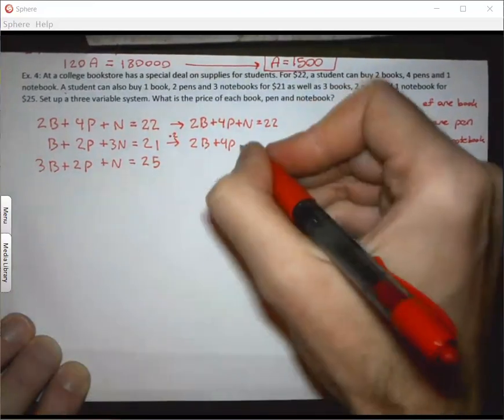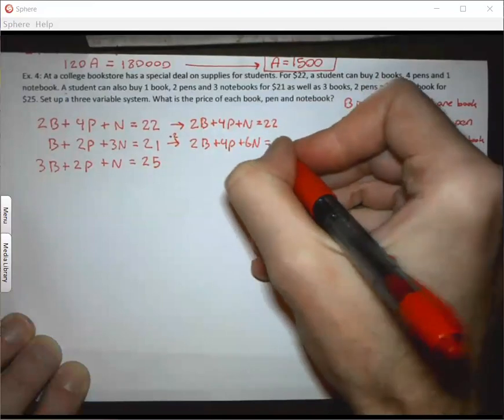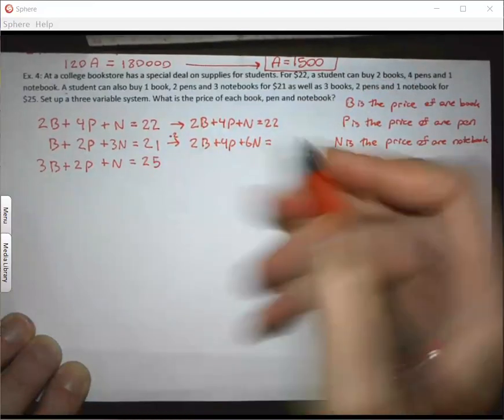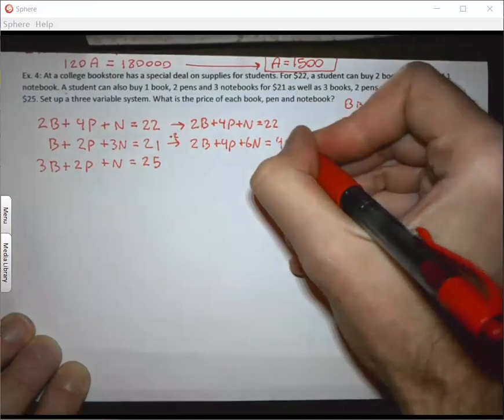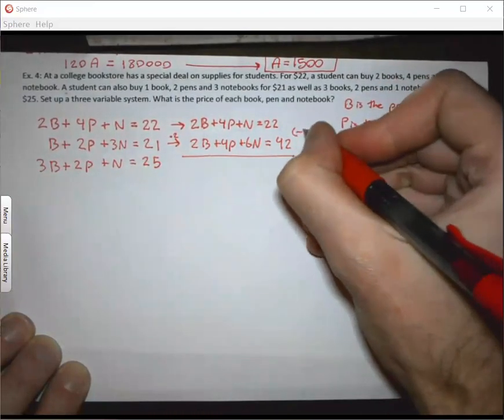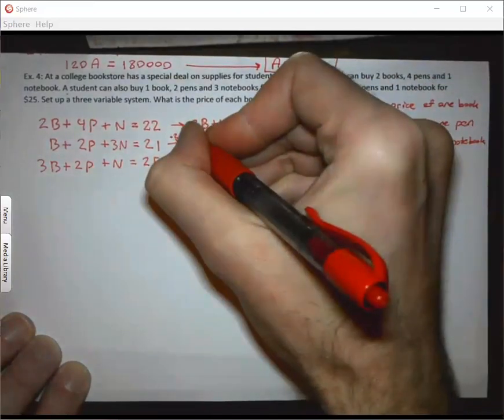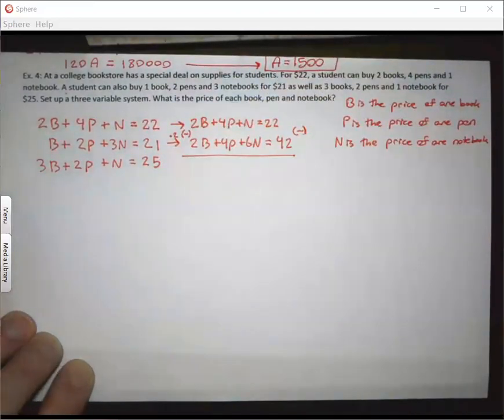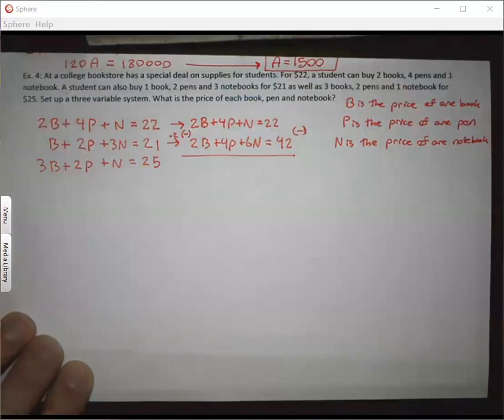And 3 times 2 is 6. 21 times 2 is 42. And to eliminate, I want to subtract. Remember, it's a good idea to always write down what you're doing, so if you have to go back and check, you know what you did at each step.